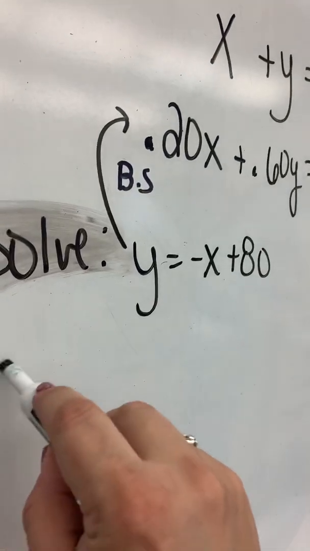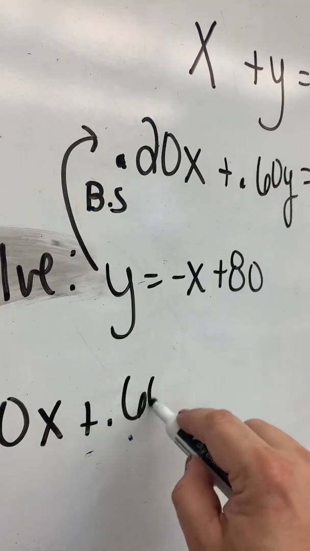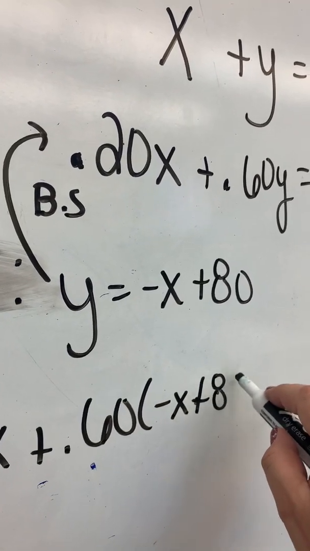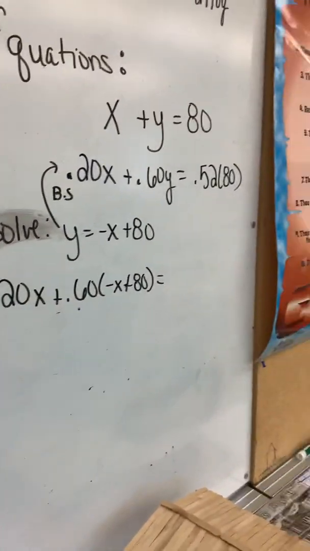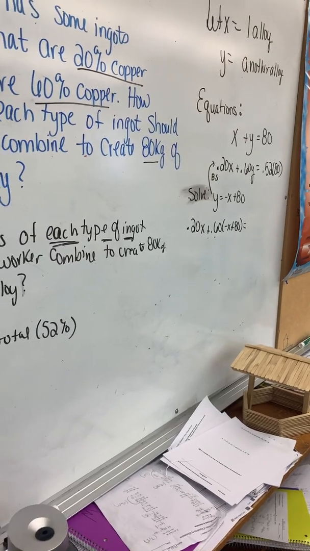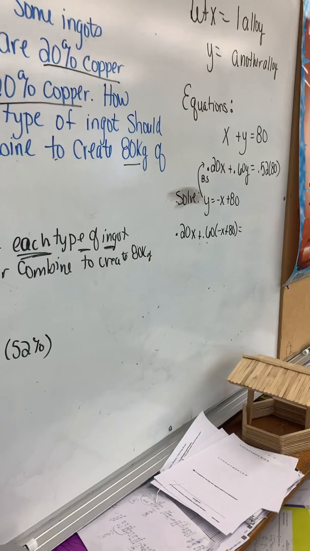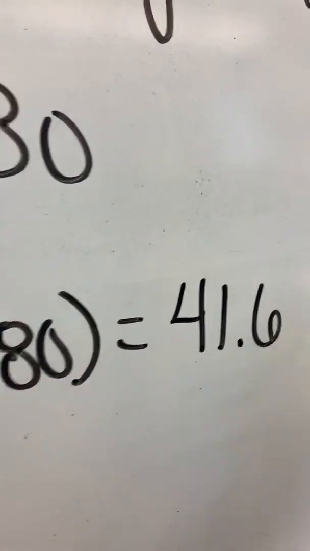So I'm going to have 0.20x plus 0.60 times y, which is negative x plus 80, equals, what's 0.52 times 80? What's 0.52 times 80? 41.6. Okay?